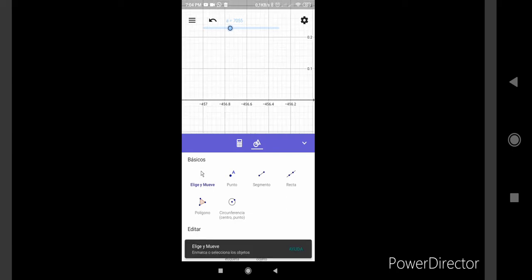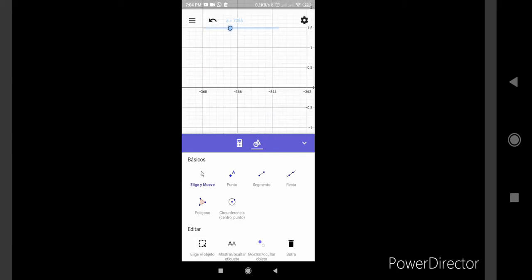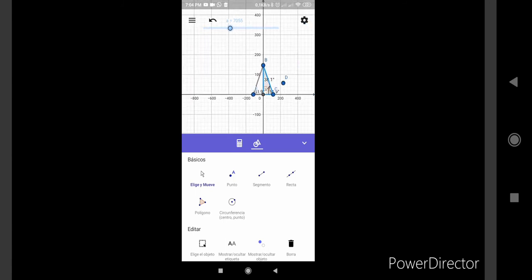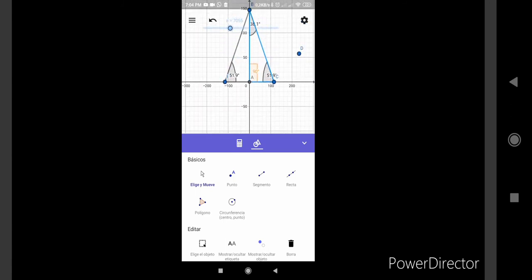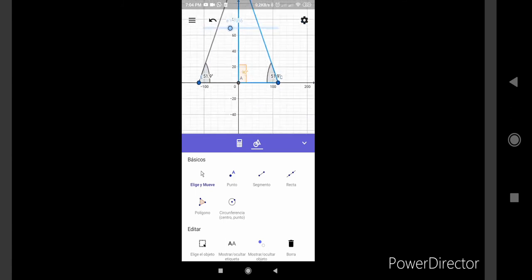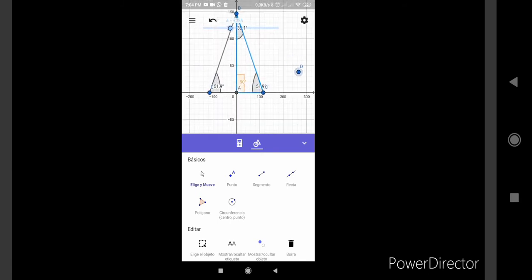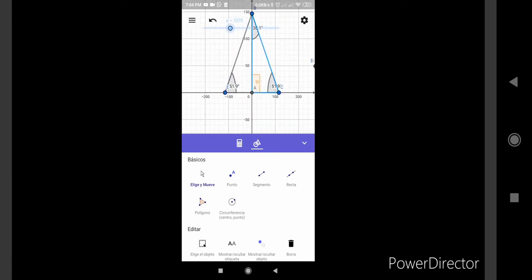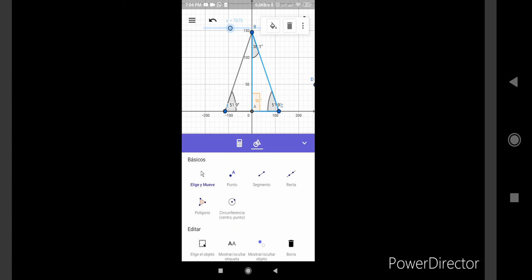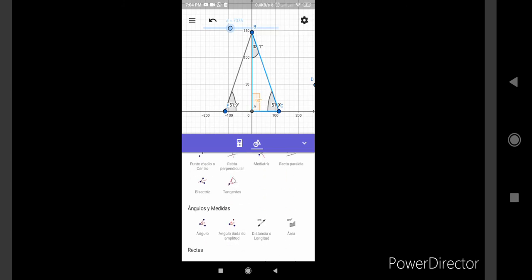Then we use some of the trigonometric ratios, and for this case we are going to use the cosine of theta, that is the adjacent leg divided by the hypotenuse, which results in 51.8631 degrees.